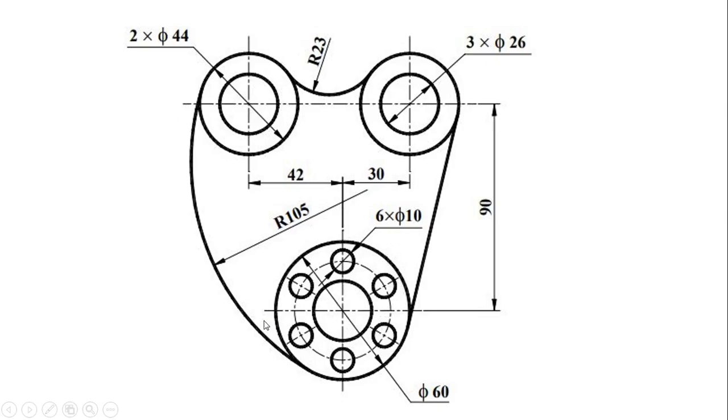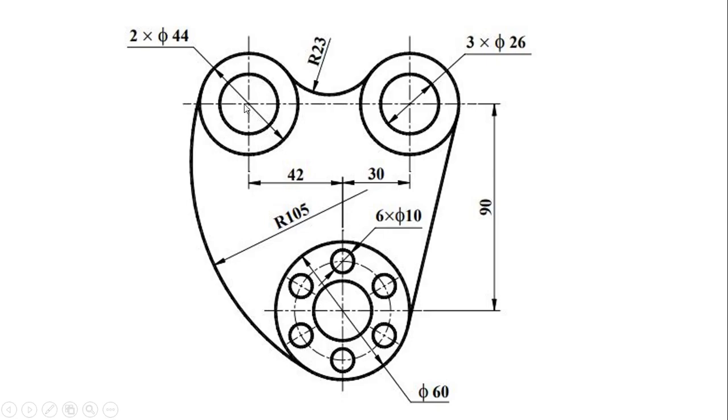First I draw the OD and provide the dimensions for each circle, and I am constraining the 3 points, 1, 2 and 3.